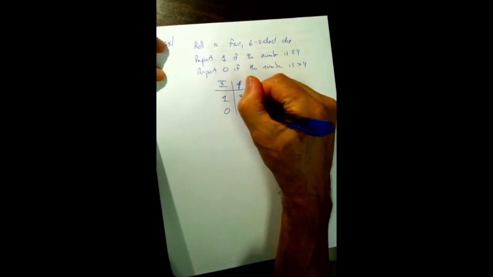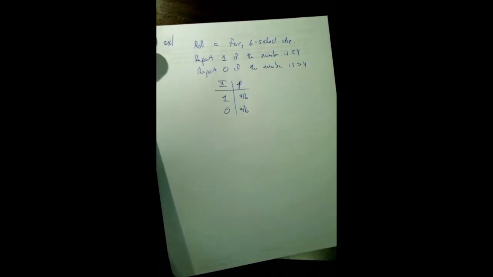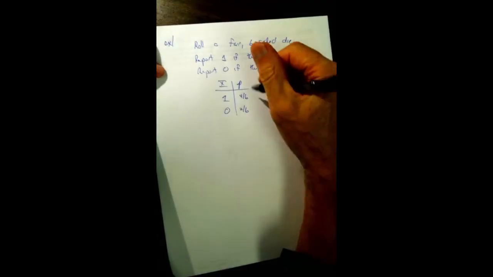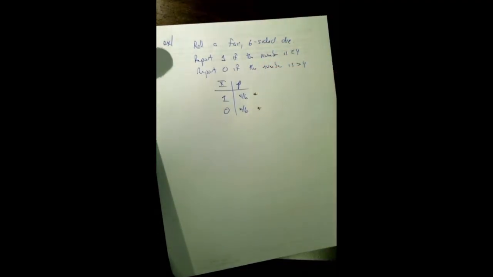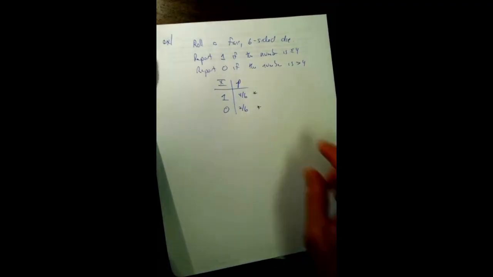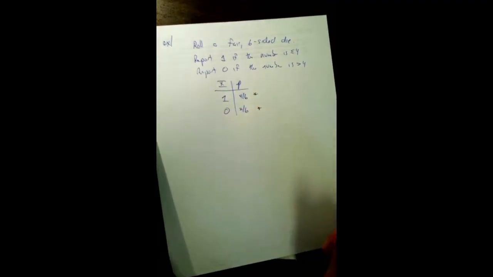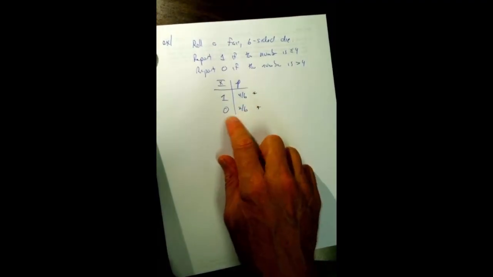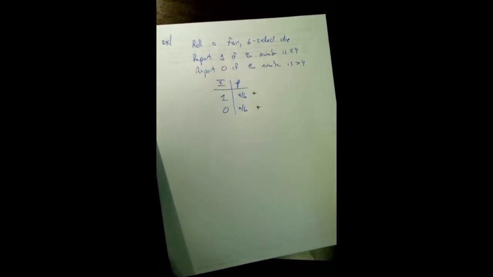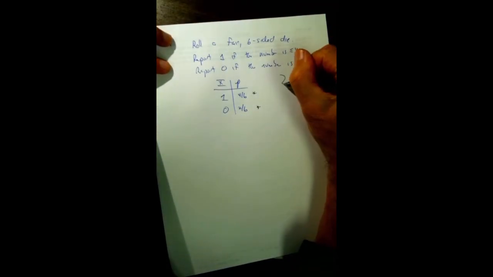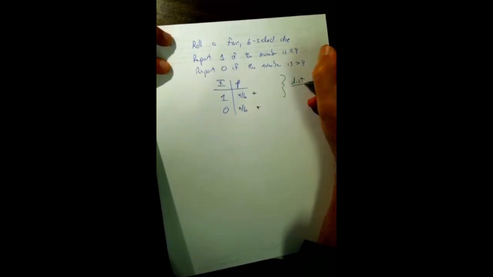The probability I get a 0 is going to be 2 out of 6. And so notice that they're not equal probabilities in this particular case. So be really careful about assuming that there's two possible outcomes. About 2/3 of the time you expect to see a 1, and about 1/3 of the time you'd expect to see a 0. Okay, and again, I can't emphasize enough, you should be looking at the whole distribution.